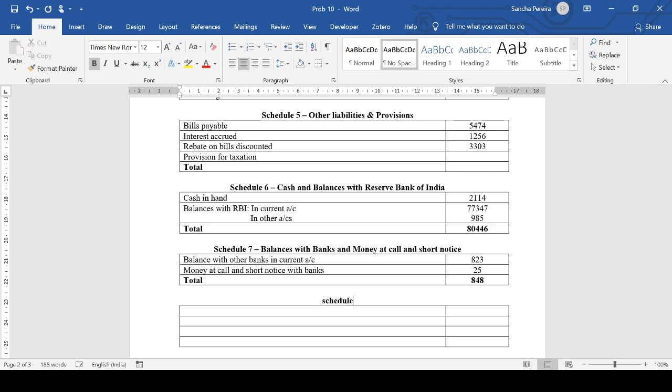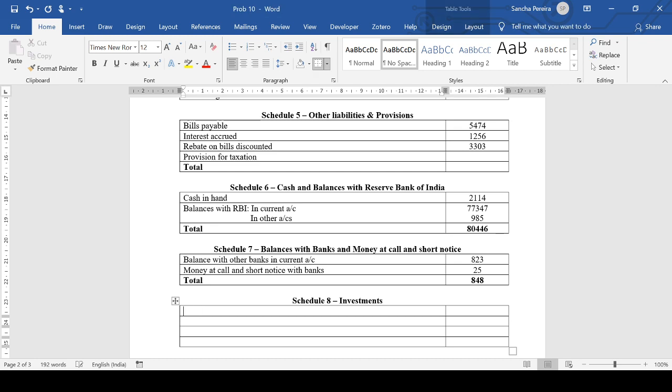Schedule 8 is investments. So here I think we have quite a number of investments. Yes, we have investments in government securities, which is 983.52.